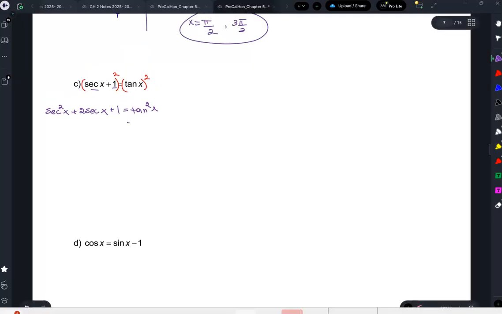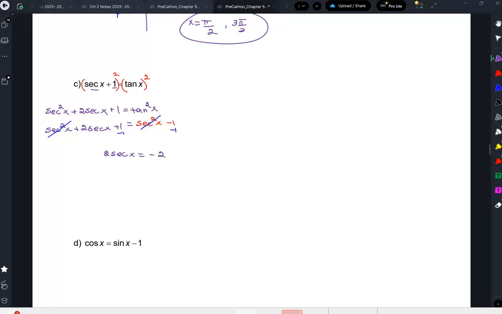So this is going to equal secant squared x minus 1. Now, oh my God, it all of a sudden transforms, right? Because look, secant squared x, you can subtract them, they go away. Minus 1, I have 2 secant x equal to negative 2. Secant x equal to negative 1.